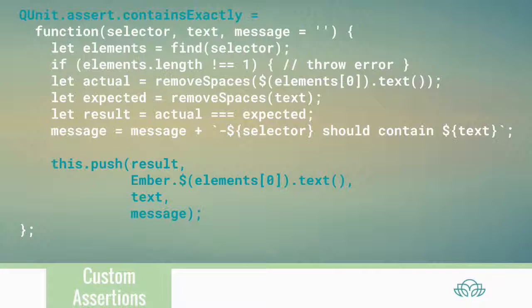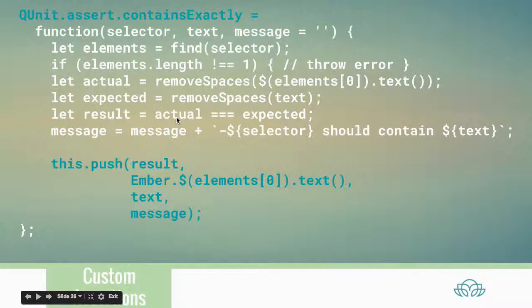So custom assertions. I actually get asked this pretty frequently too, even though it's right on QUnit's site. QUnit lets you just have QUnit.assert whatever you want, make it a function and pass it whatever you want, and then it's available on the assert that's passed to all your tests.